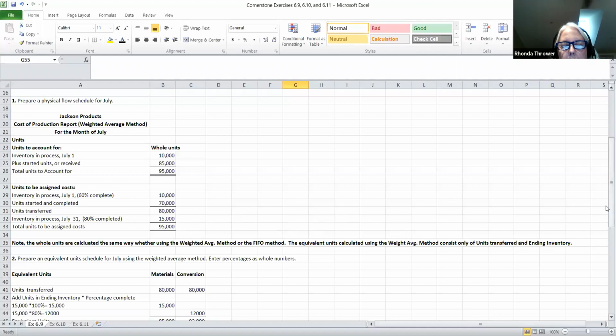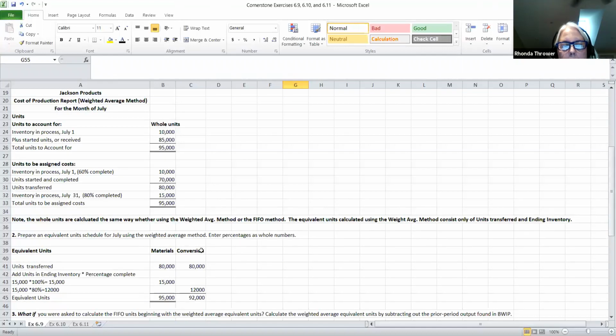So in the second part of the requirements to this problem, they want you to prepare an equivalent unit schedule for July using the weighted average method. And this is new to you, but when you're calculating equivalent units, the weighted average method only consists of the units you transferred. So you start with the units that you transferred, which is 80,000 units.